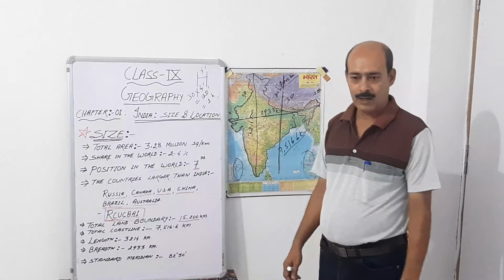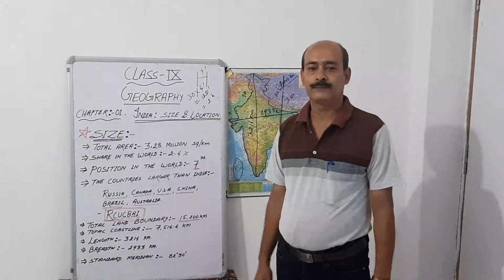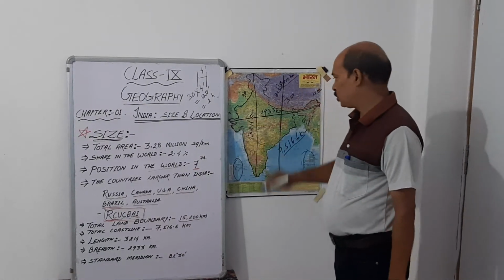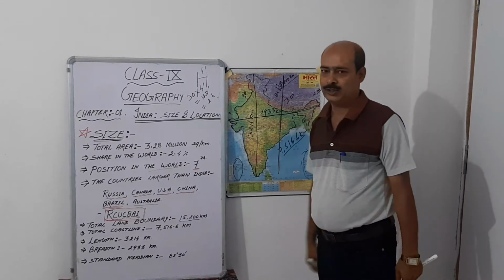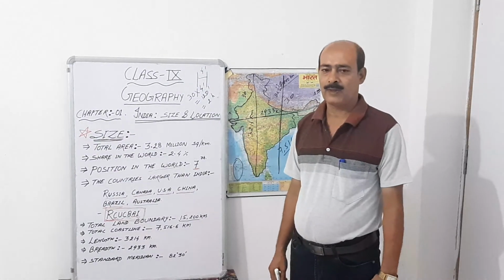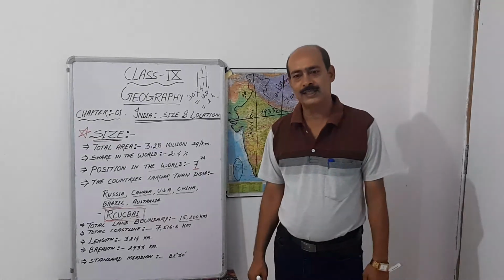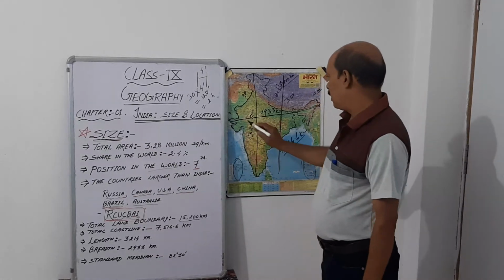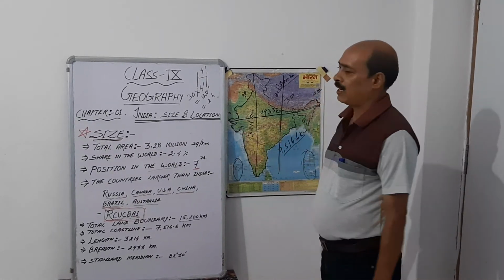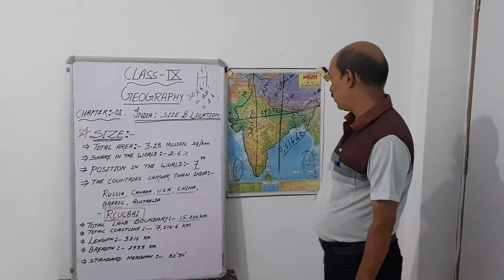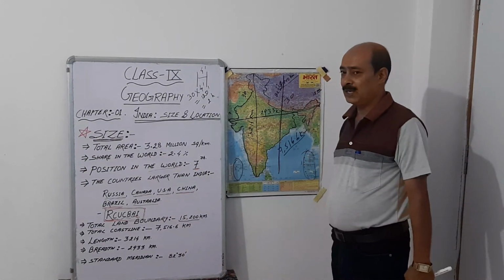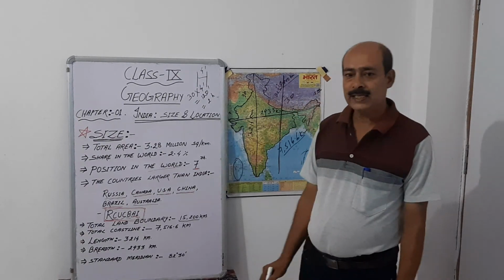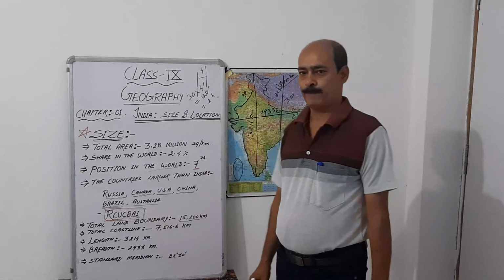Second question: the time between Gujarat and Arunachal Pradesh lags by 2 hours, but our watches show the same time. Why? Your answer is, our watches show standard time, which is the time for the whole country.